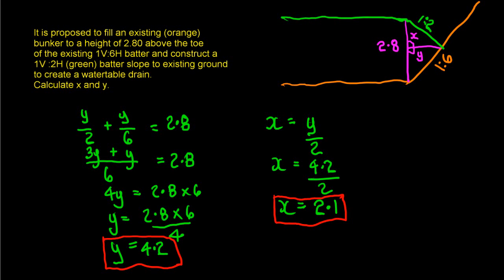In this one, it is proposed to fill an existing bunker, the orange line, to a height of 2.8 above the toe of the existing 1 vertical to 6 horizontal batter, 1 to 6, and construct a 1 vertical to 2 horizontal, the green batter there, at that same 2.8 to the existing ground, and that will create a little water table drain situation there. And once again, we need to calculate x and y.